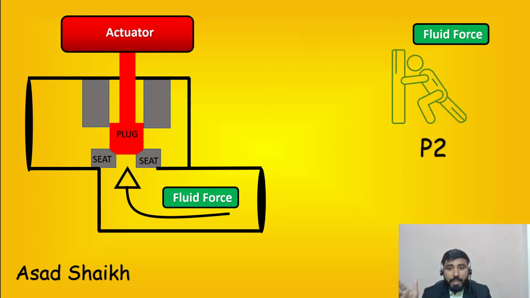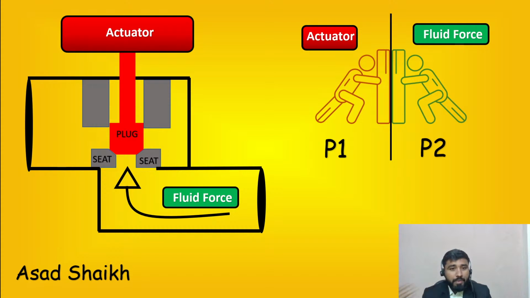Let us call the fluid force P2, and the actuator force P1. This is very basic, but I still want to cover it because I saw there are engineers with 1 year of experience or GTs, so let us include them also in our conversation. First, let's get to basics, and then we will look into more advanced, and I'll try to answer more advanced queries also as you go along.